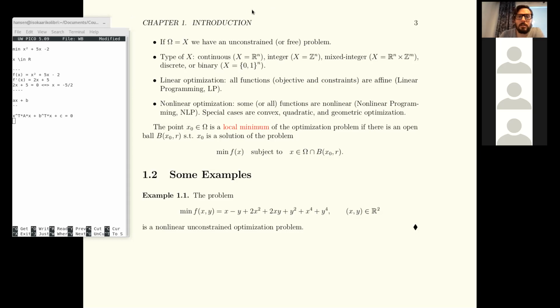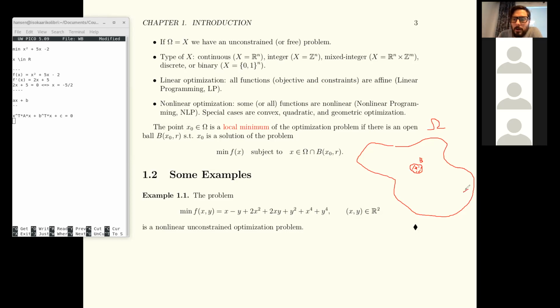So let me annotate. Let's see if I can annotate this. So here's my whole omega, right? Here's my omega, that's my x0, and this is the ball B. So I'm now saying that this point here is a local optimum if inside this sphere, or this ball here, this point at the middle, which I'll draw as a tiny x, is the minimum inside here.